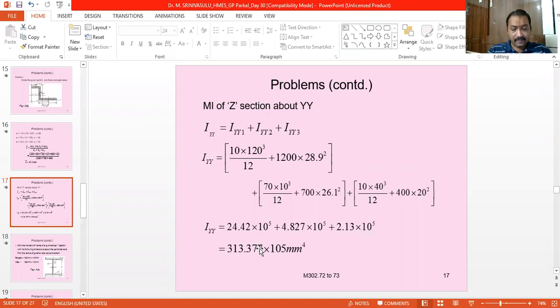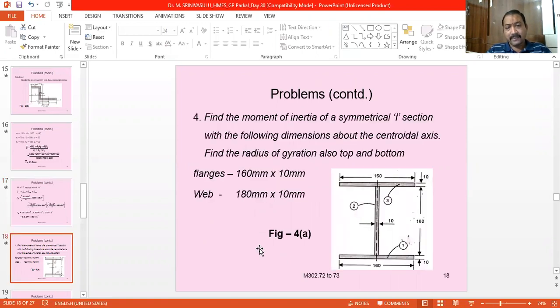Now we will move to another problem. This is the problem on I section. First take down this problem. Find the moment of inertia of a symmetrical I section with the following dimensions about the central axis.